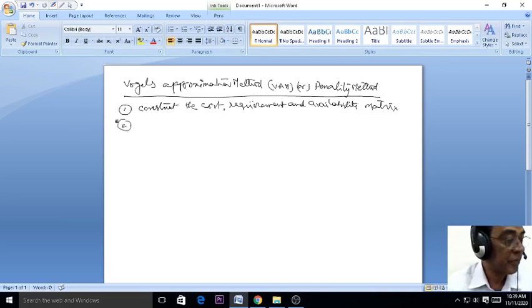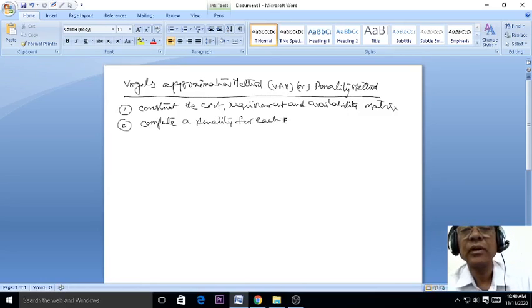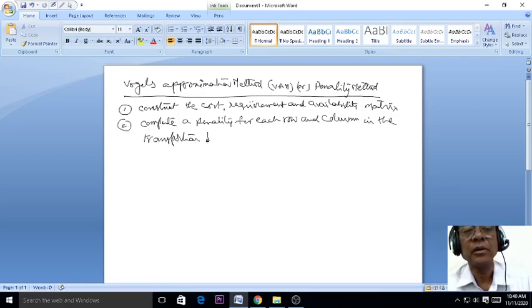Number two, compute a penalty for each row and column in the transportation table.